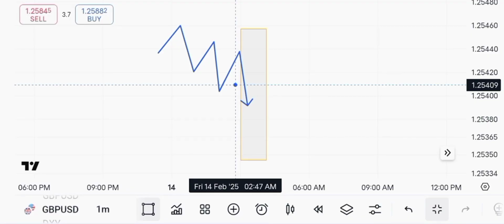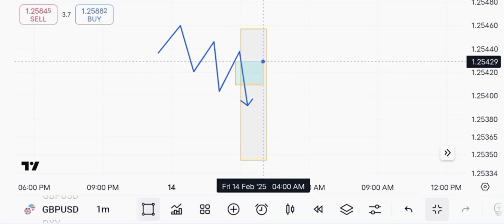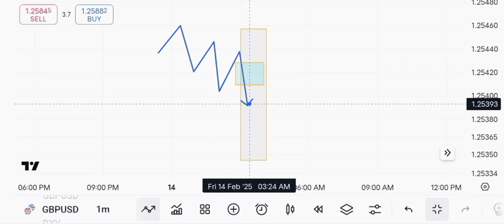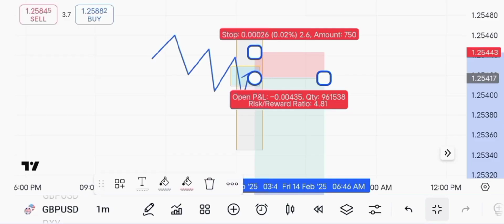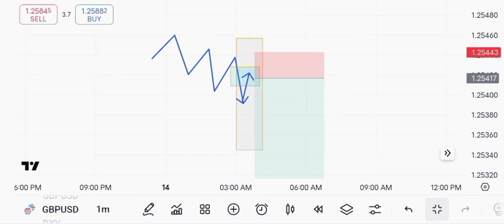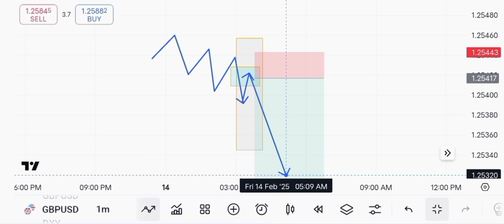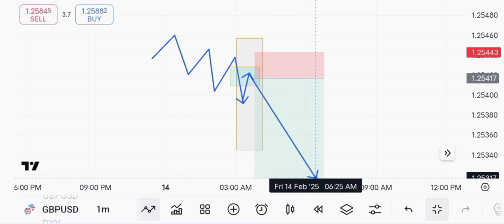Then we want to see the market leave behind a fair value gap. Then I want to see price reach into that. Stop loss just above the displacement and take profit at whatever target we are expecting to hit. And then typically you would see a bearish move to the downside.